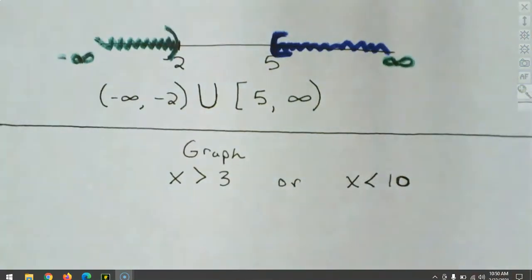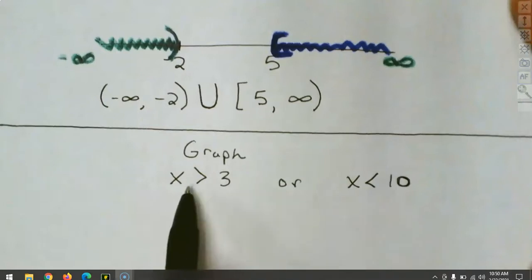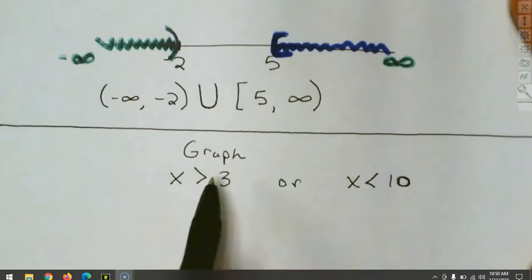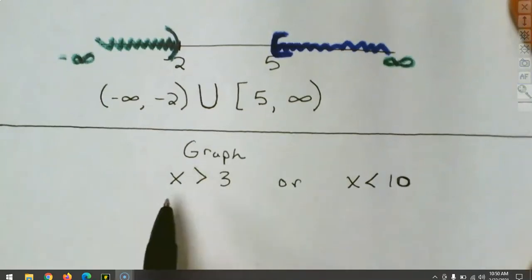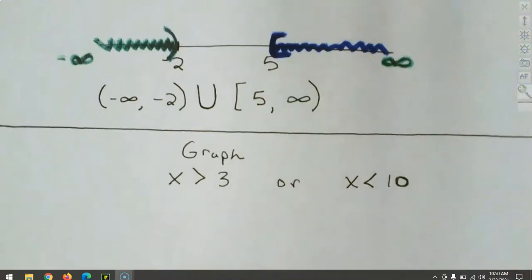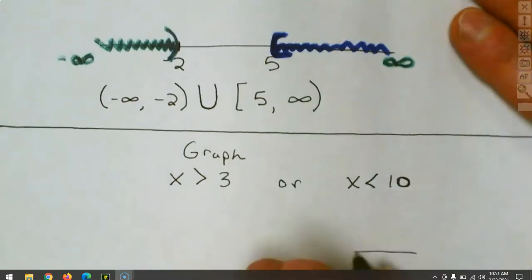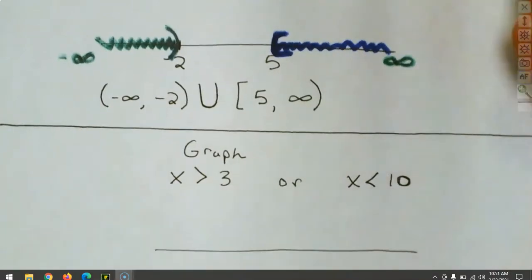Okay, so the number needs to be, wait, I get these mixed up. Let's make sure we've got it right here. Okay, we've got x needs to be greater than 3 or less than 10. Yep, so it's going to work the way we want it to work here, I believe.